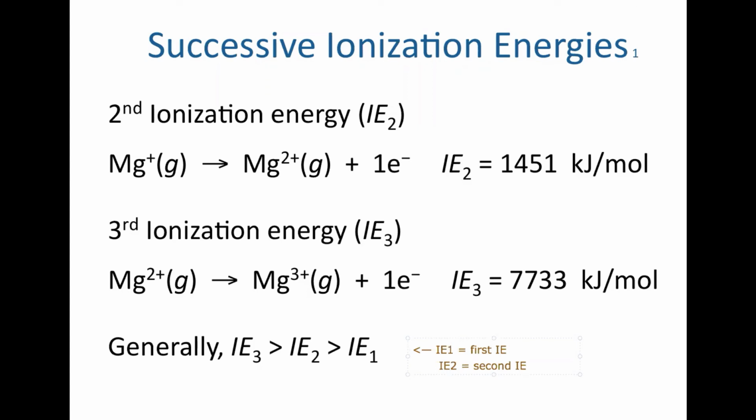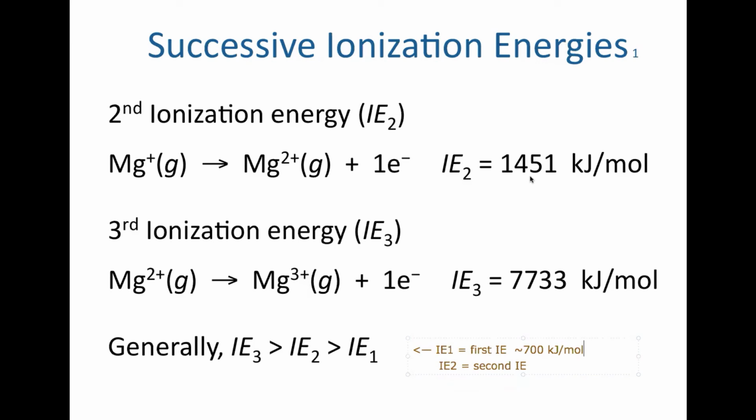So the first ionization energy would be removing the first electron. For magnesium, the first ionization energy was around 700 kilojoules per mole. That's the energy to remove the first electron. And the magnesium ion losing a second electron, going to magnesium 2+, takes about twice as much energy to remove that second electron.